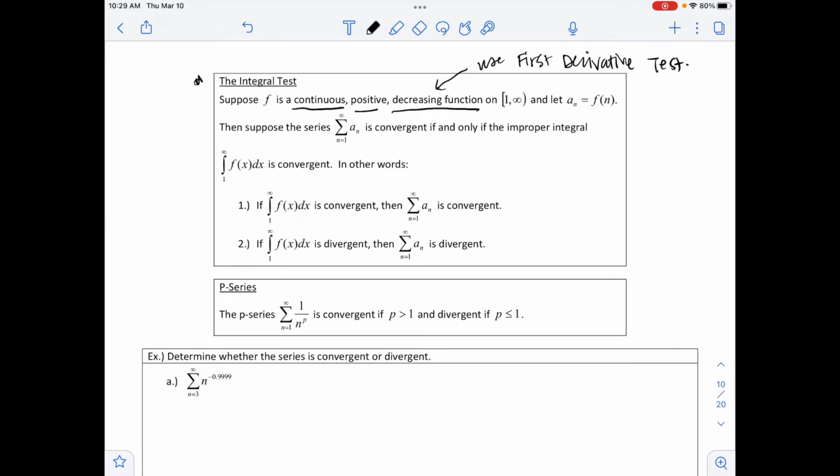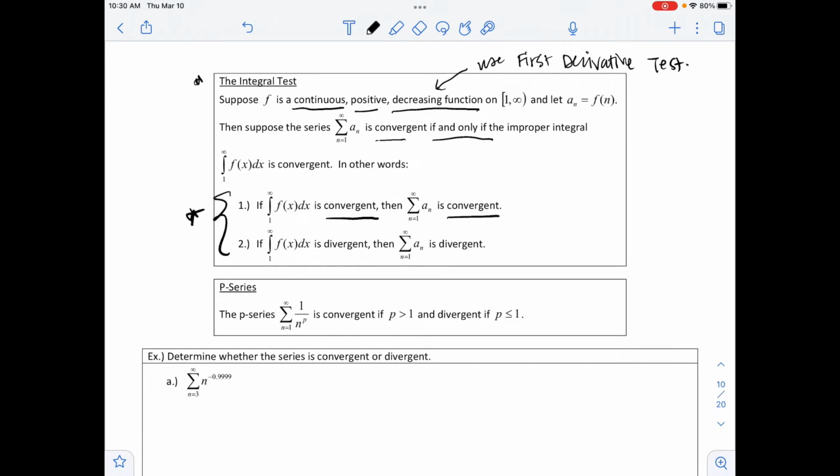And let a sub n equal f of n. Then the series from n equals 1 to infinity of a sub n is convergent if and only if the improper integral from 1 to infinity of f of x dx is convergent. In other words, if the integral from 1 to infinity of f of x dx is convergent, then the sum from n equals 1 to infinity of a sub n is also convergent.